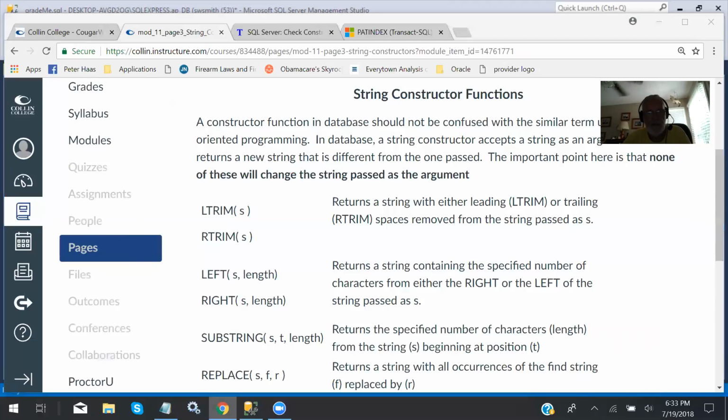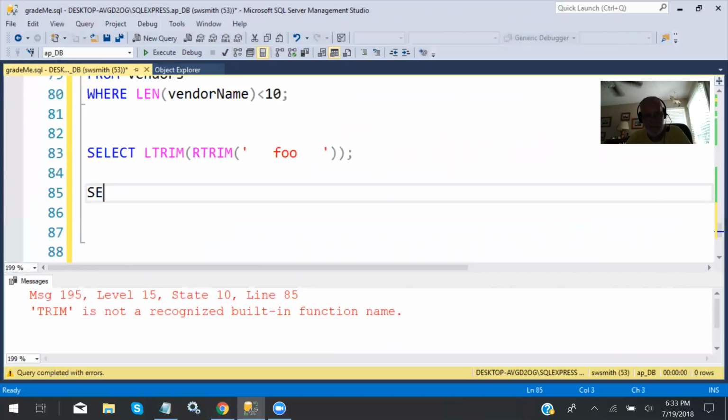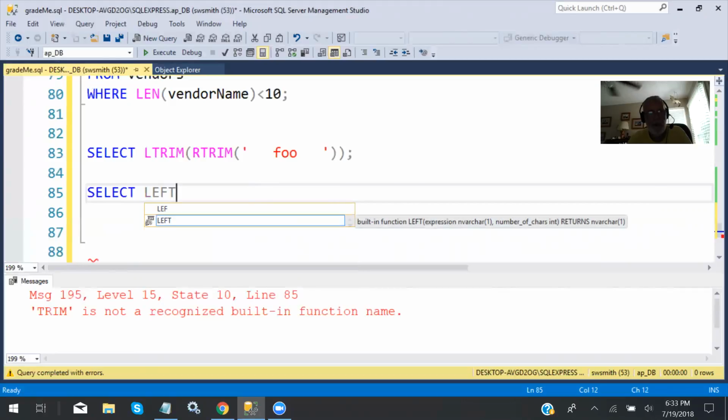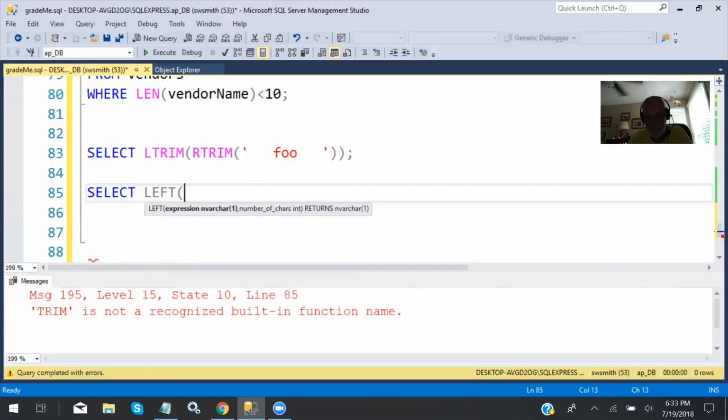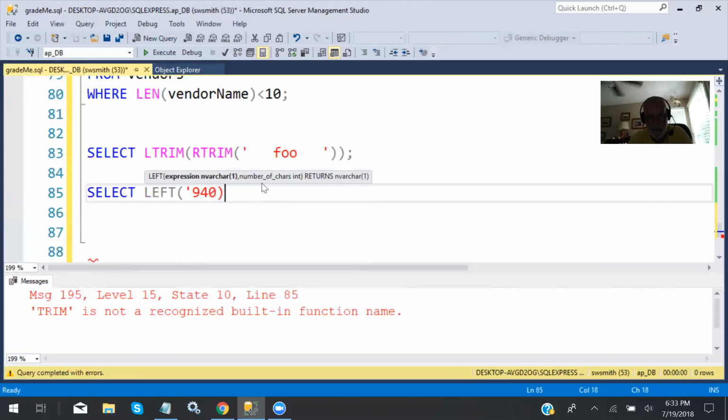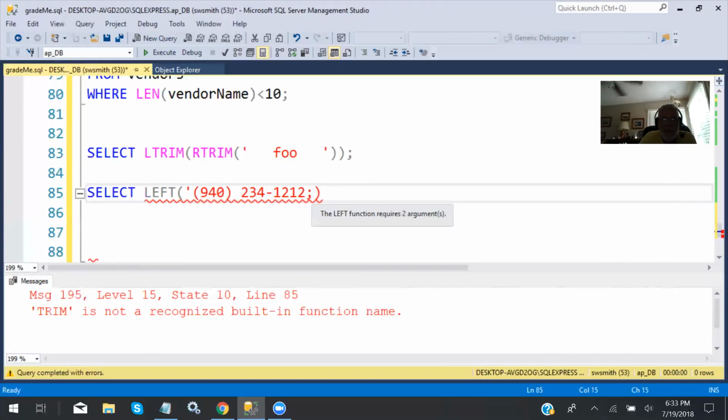So we found this to be left, 940, 12324-1212. Okay, there's a phone number. Now, how many of these guys do I want?